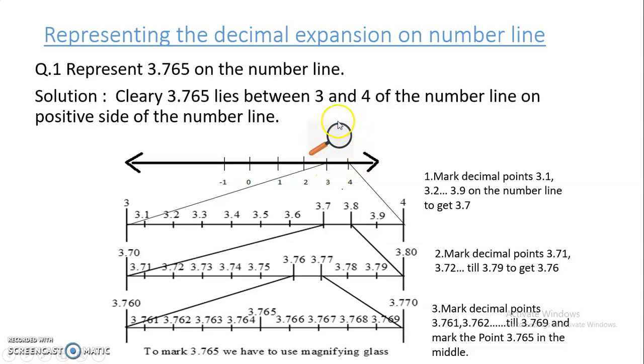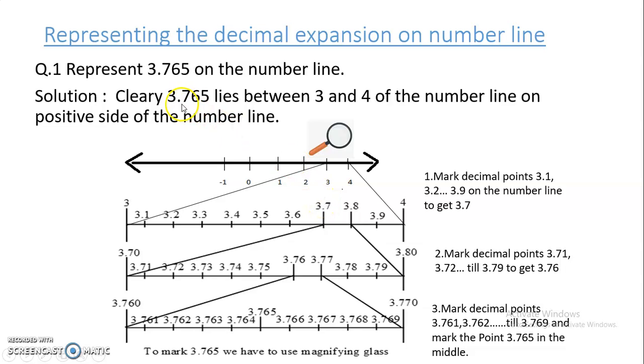If you see this by the magnifying glass, in between 3 and 4 there will be 10 points, that is 3.1, 3.2, 3.3, 3.4, 3.5, 3.6, 3.7, 3.8, 3.9. So first only concentrate on the first decimal number, that is 3.7. Divide the unit into 10 parts and mark the number 3.7.